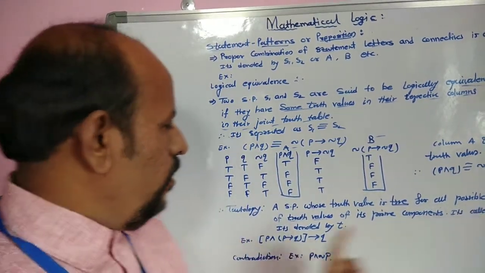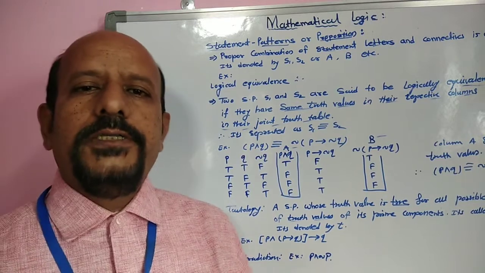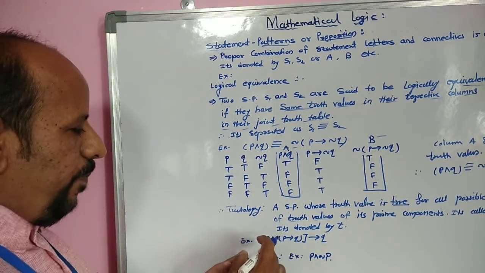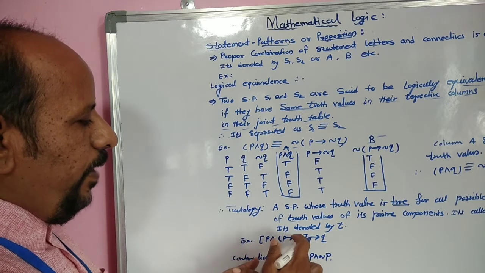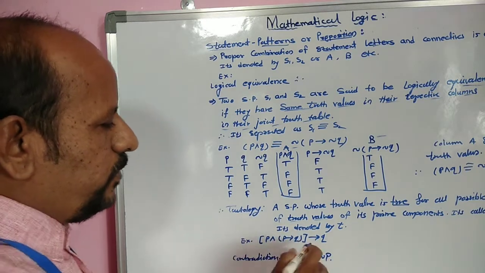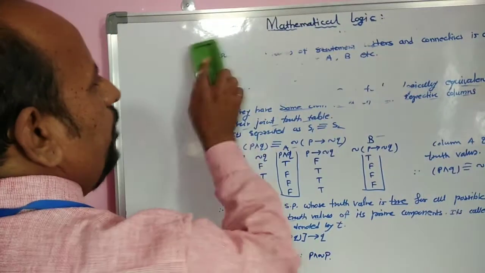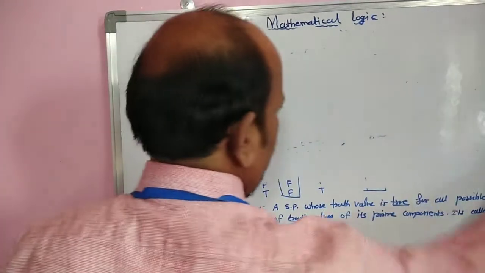Tautology is always denoted by small t. We see the first example, [P and (P implies Q)] implies Q. Now we see the example of tautology proved by using the truth table.